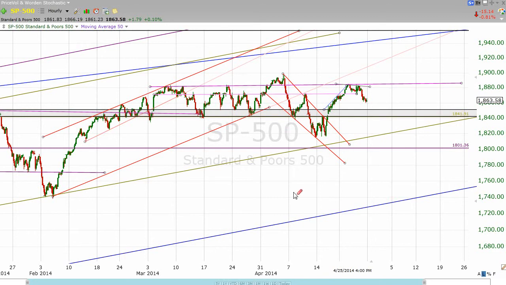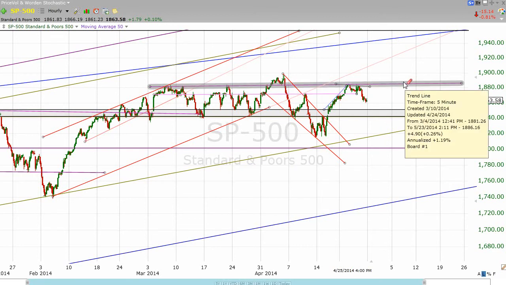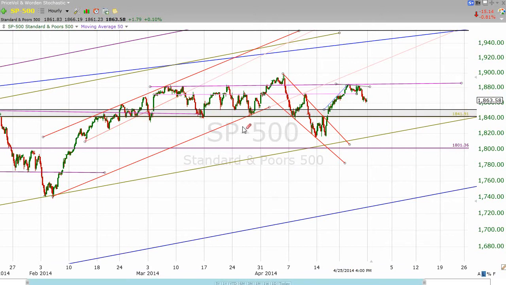And it should not come as a surprise that 1884 was once again resistance. But here's the way it works, I think, at least it's the way it seems to work: every time you come back up to a certain level and you try to break through it, the chances become a little better that you do.